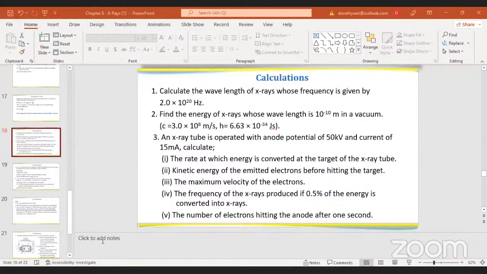Is it negative 16 or negative 15? Let's work out our powers properly.